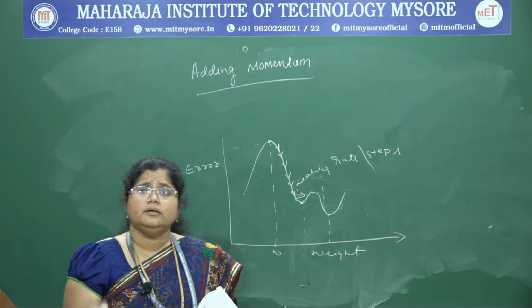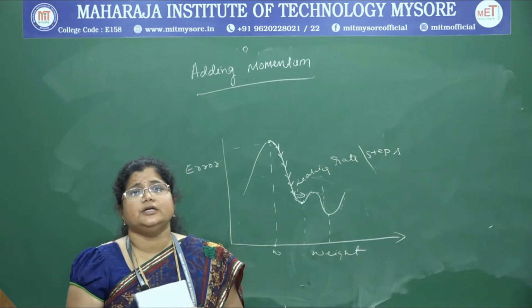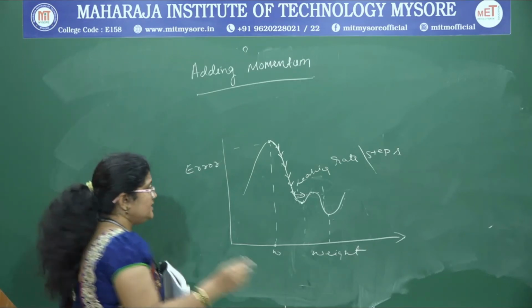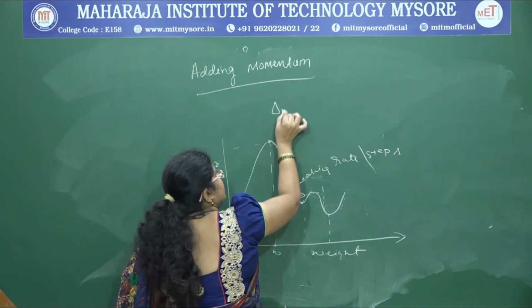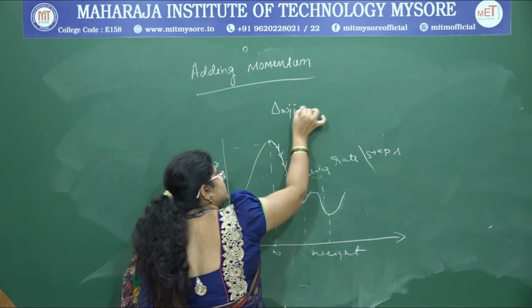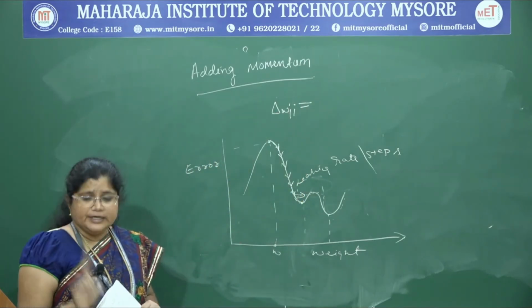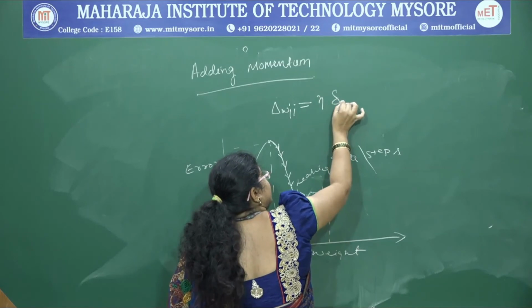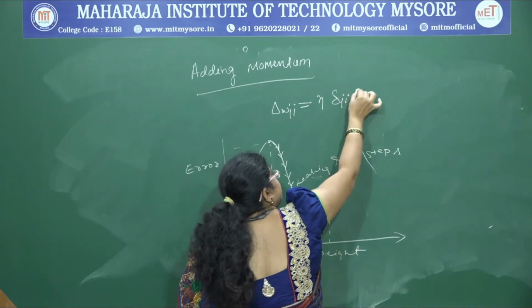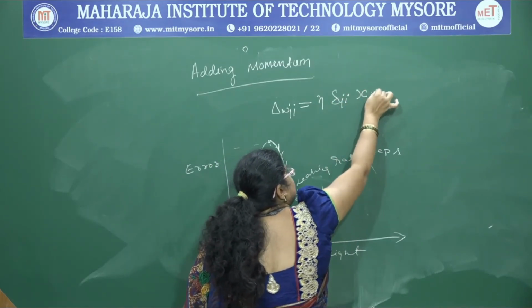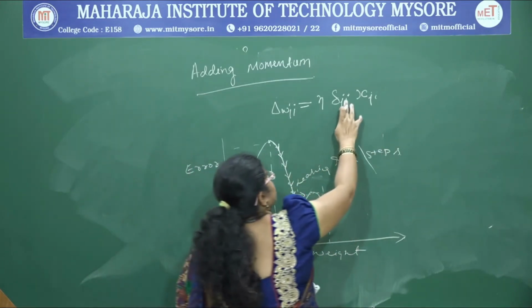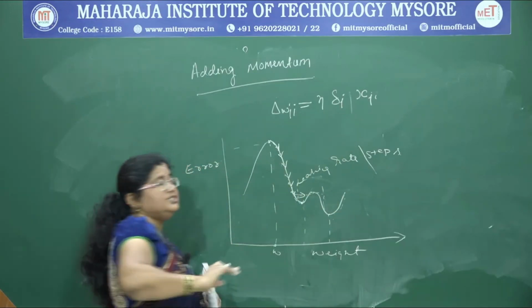The most common weight updation applied in the back propagation algorithm is delta Wji equal to eta, that is the stepping rate, times del j times xji.